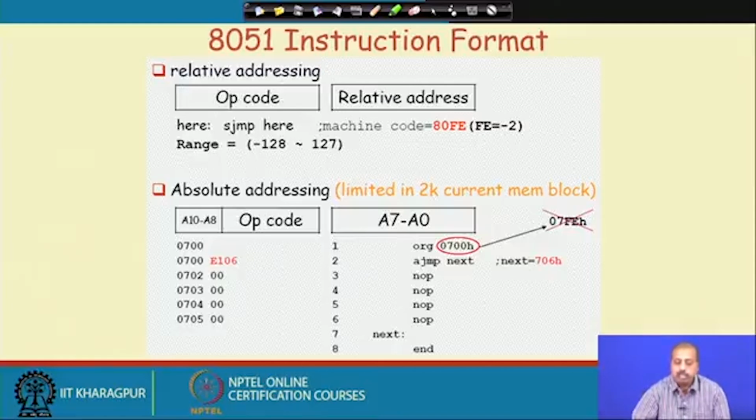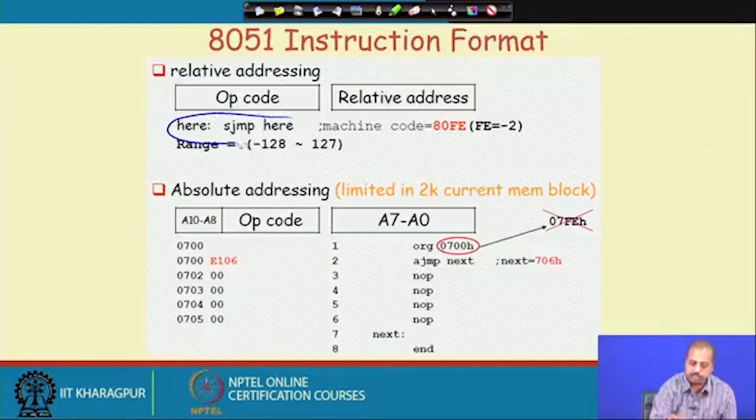If the machine code is 80 for this SJMP, the relative address may be -2. So, -2 is coded as FE. If you look into the coding of this SJMP instruction, it is a 2 byte instruction.